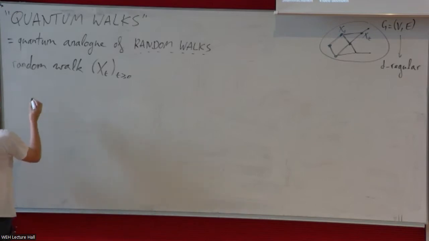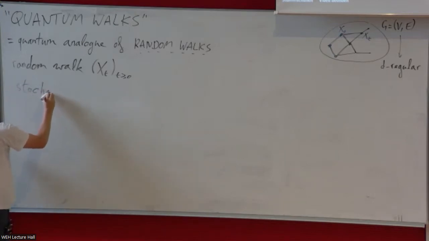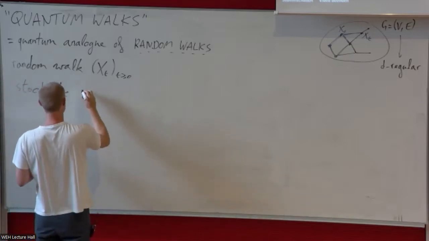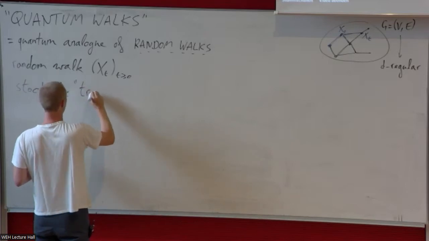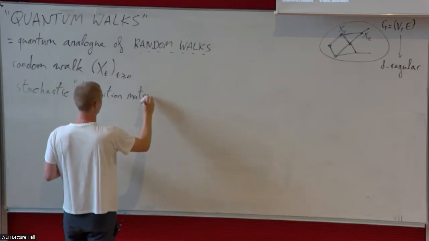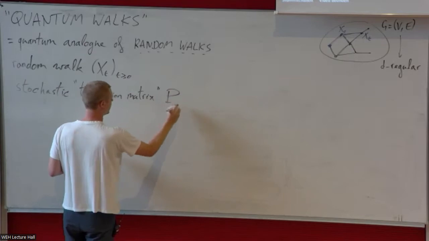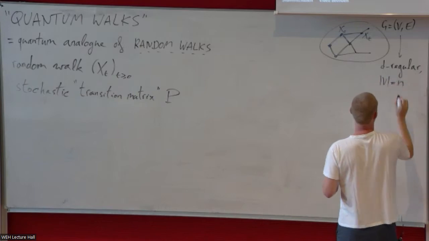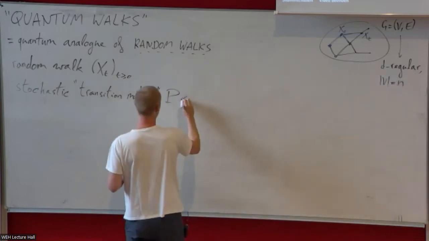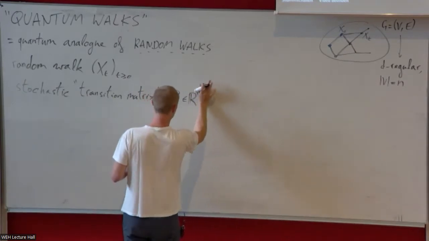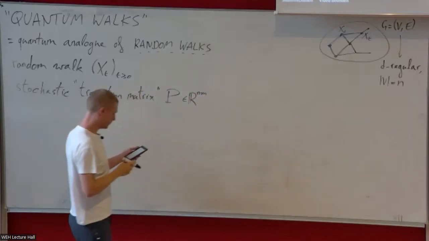So specifically, what we do to define this random walk using linear algebra, we define this thing called a transition matrix, which is going to be a stochastic matrix. So it's a transition matrix. I will denote that by P. So assuming that we have something like n vertices, this will be an n by n matrix, a real valued matrix.